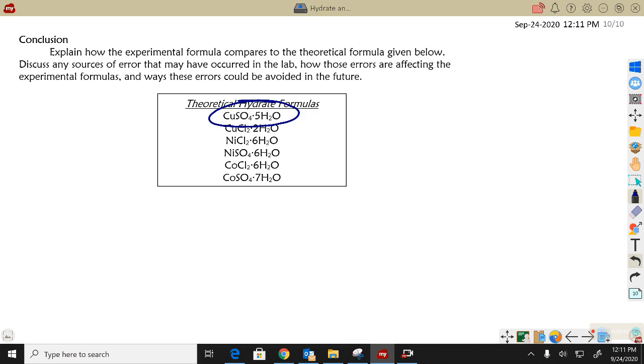So it could be that I made a mistake with one of my masses and that I forgot to zero out the mass of the evaporating dish. Or it could be, I think my mass is wrong because I remember some compound that spilled on the electronic balance pan. The pan wasn't clean, so I think my mass might have been too high.